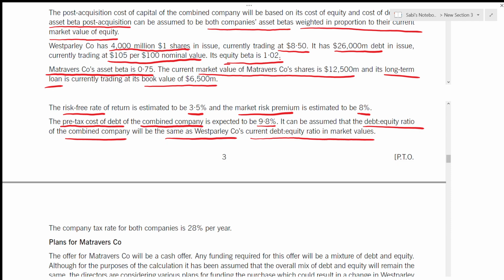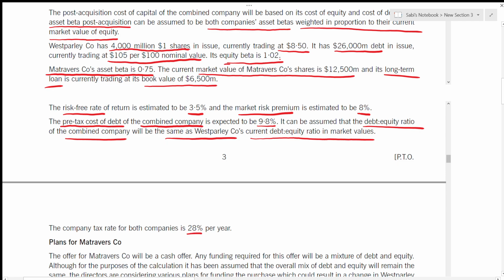Most of the time it will be changing, but in this case, for simplicity of calculation, they are assuming it's the same as Westpale's current ratio. So suppose Westpale's debt to equity ratio is 20:80, that means the combined company's ratio is also 20:80. And the corporate tax rate for both companies is 28%, which we already know.